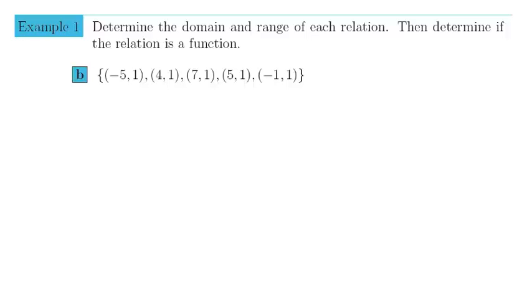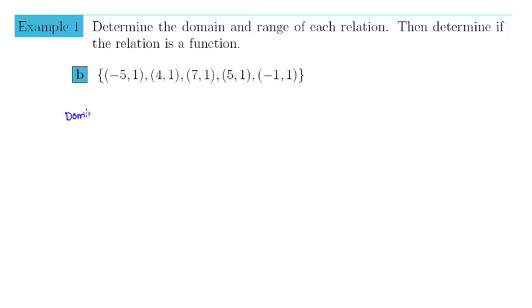Determine the domain and range of the following relation. Example 1b. The set {(-5, 1), (4, 1), (7, 1), (5, 1), (-1, 1)}. All right, let's start by finding the domain of this relation.